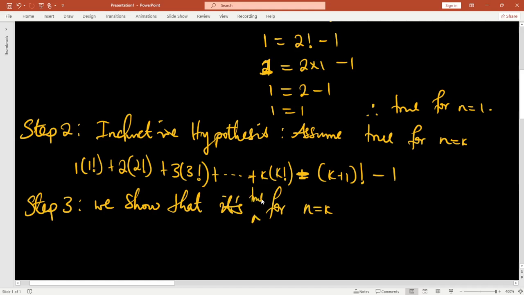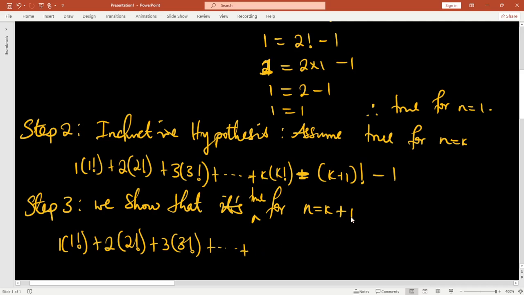So we have the k term there, and we need to show that it's also true for the k plus 1 term. So we write the expression the way it is: 1 factorial, 2 factorial, 3 factorial, plus, then we have the k term.